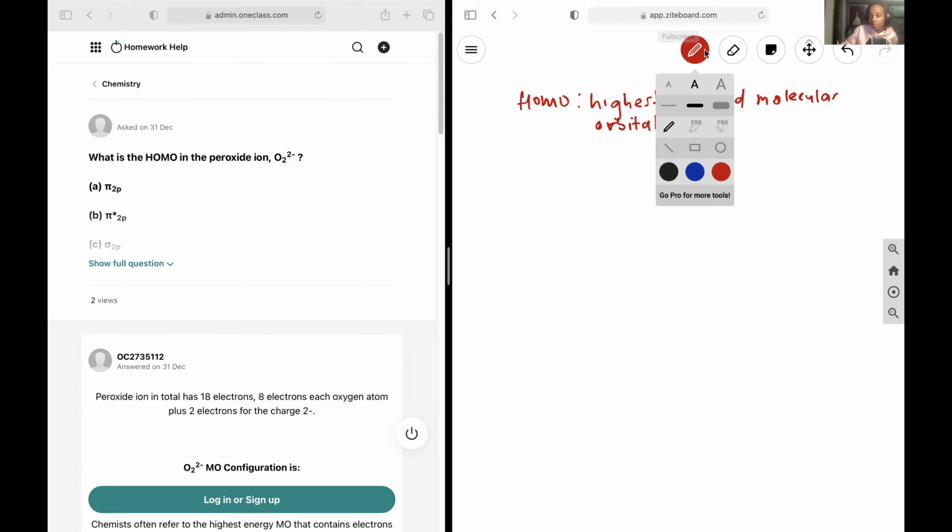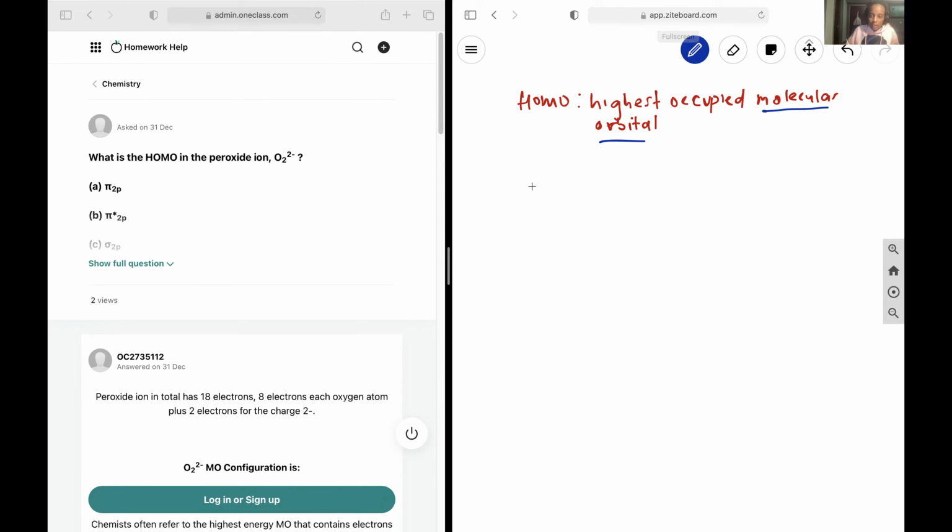Okay, so of course when we're talking about the highest occupied molecular orbital, we will be dealing with the molecular orbital theory. So you're going to need to draw the MO diagram for the peroxide ion.